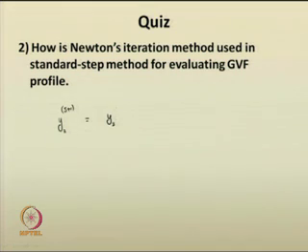It can be given as the previous iteration value minus some function of y2 divided by df by dy2 at y2 equal to y2 of s. Like this you can write it. Newton's procedure can be used for any function, and we use it in open channel hydraulics for evaluating gradually varied flow profile.